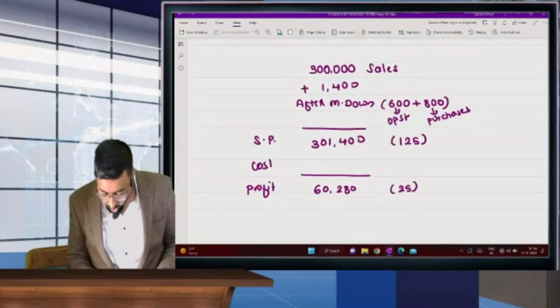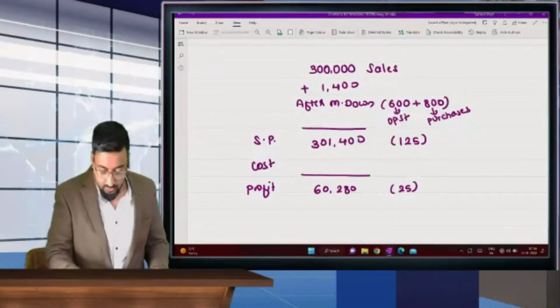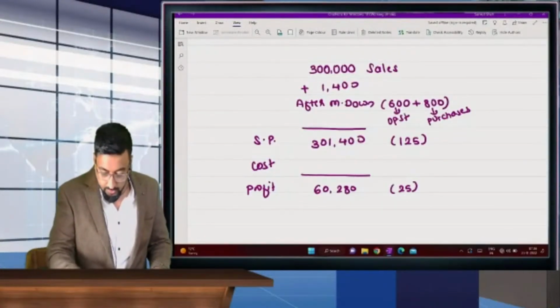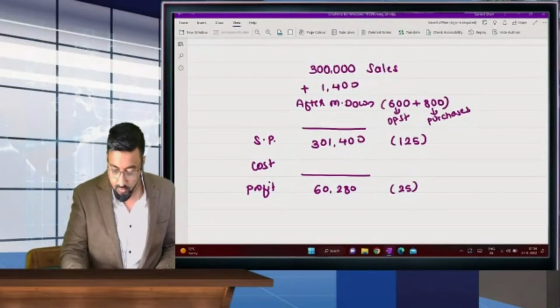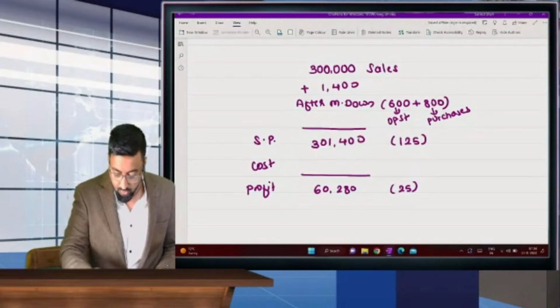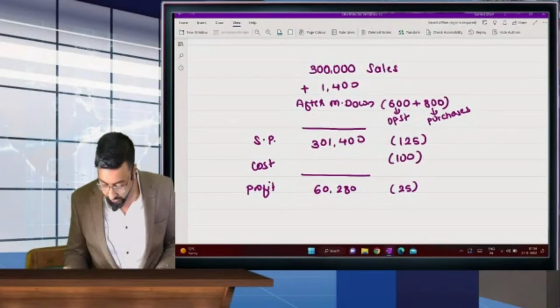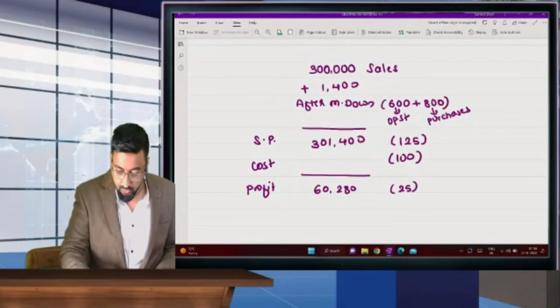And my cost is 3,01,400 into 100 divided by 125, because 100 is my cost.